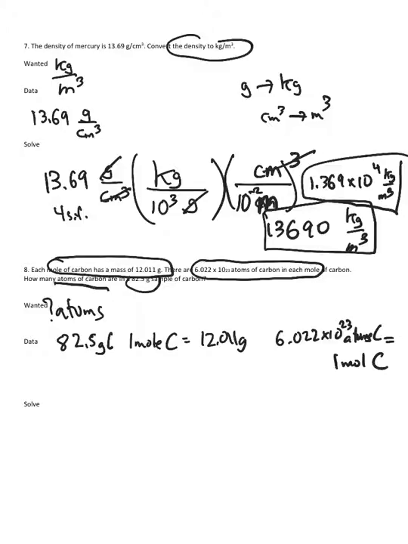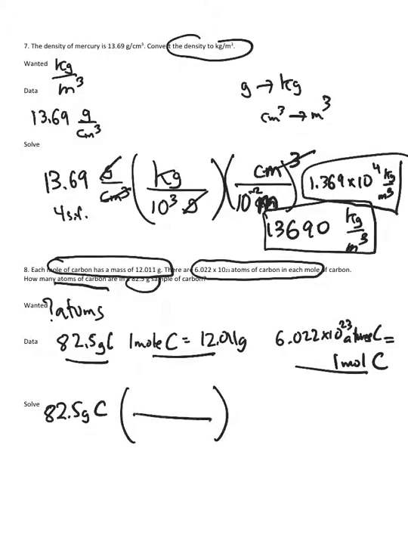MOL is an abbreviation for mole. So we got a conversion factor and a conversion factor. We got a mass. That's a standalone number. So this 82.5 grams of carbon is going to be our starting point.